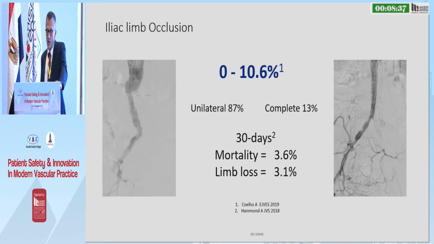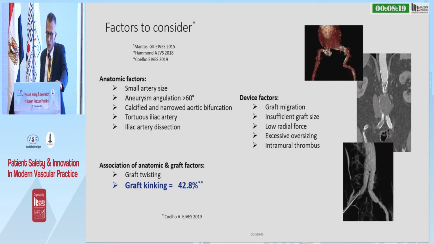The percentage ranges between 0 and 10% in the literature. Usually it is unilateral, but in some cases we can have a complete thrombosis of the graft, with a non-negligible mortality and limb loss. There are different groups of factors that are the reason for iliac limb occlusion. On one side, the anatomical artery factors: tortuosity, small arteries, kinking of the arteries.